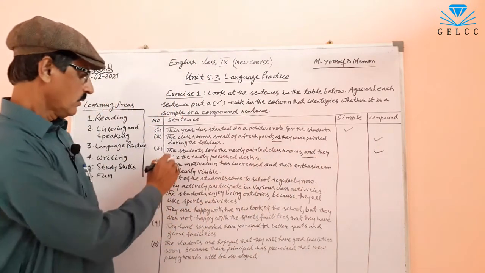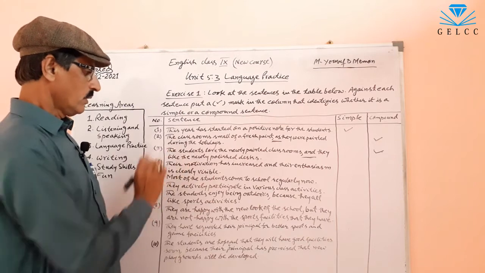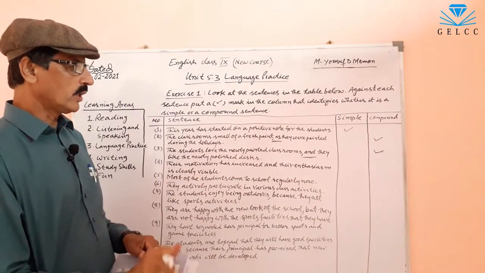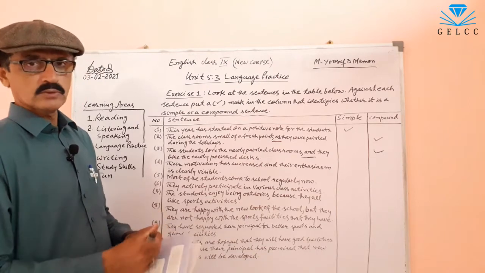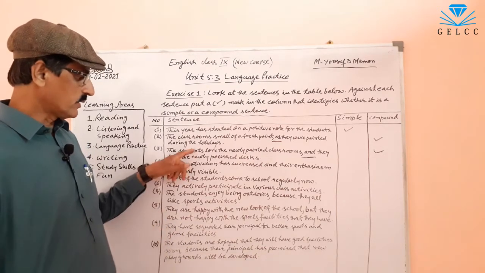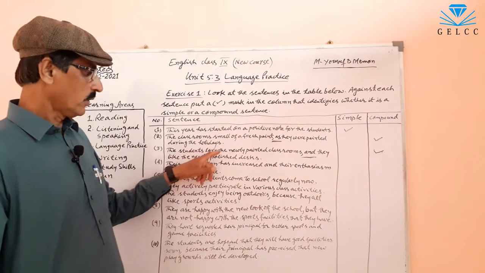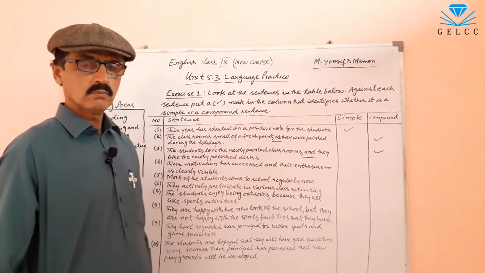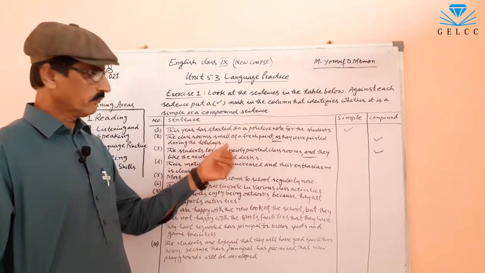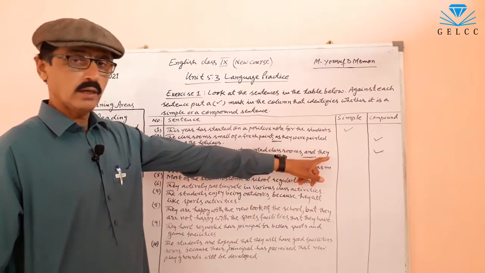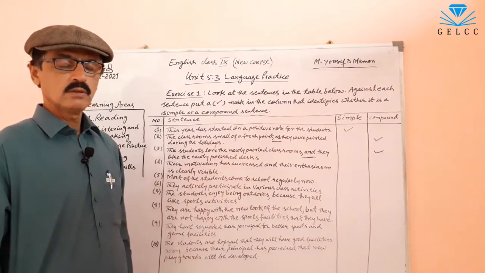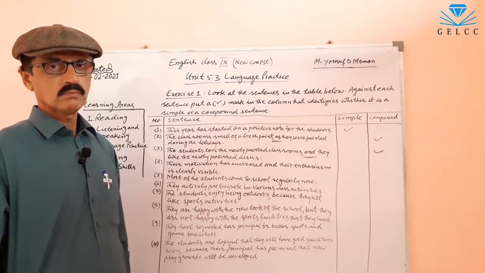Understand? The first sentence is, the students love the newly painted classrooms. The students is a subject. Love the newly painted classrooms is the predicate. One subject, one predicate. And the other sentence, they is a subject. Like the newly polished desks is the predicate.